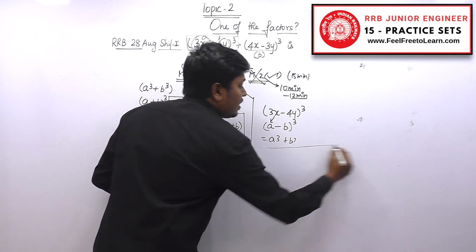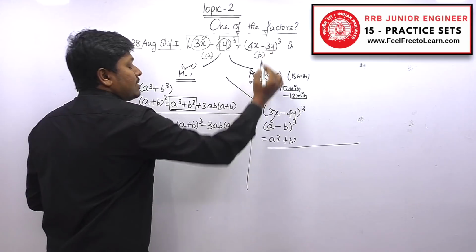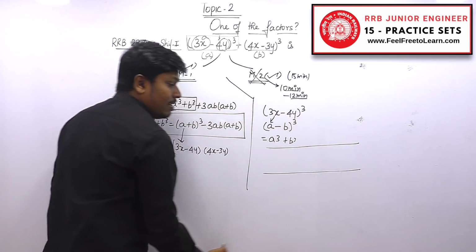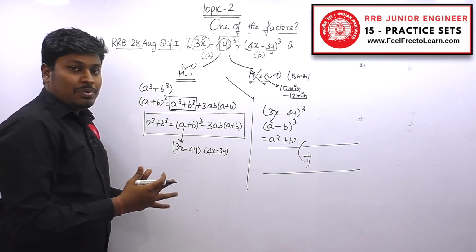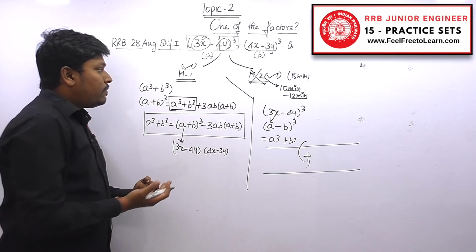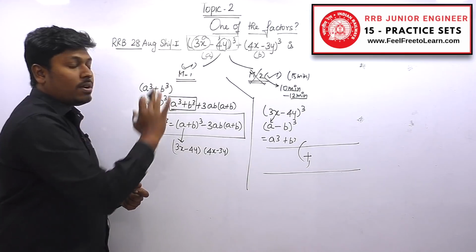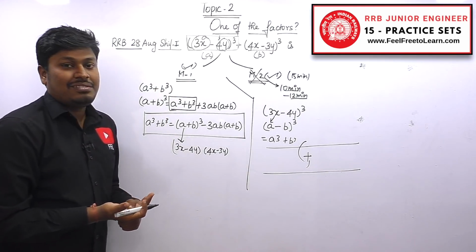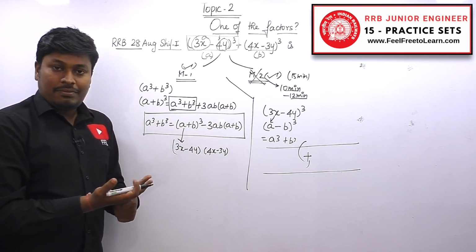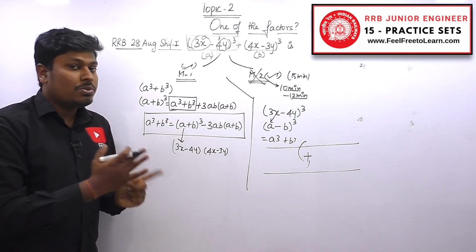They find that answer. Similarly, they solve the second term and find the answer. And finally, they add both the terms. Kindly don't do that. It's a lengthy procedure. If you follow that lengthy procedure to solve these types of questions, then definitely you won't be able to crack a question in time. You need to crack every question in RRB JE within 2 to 3 minutes.